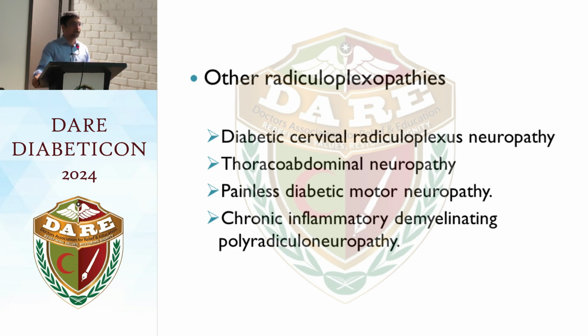Apart from that, what other radiculoplexopathies do we see? The same immunological pathophysiology, that is microvasculitis, like what we have seen in lumbosacral plexopathy, can also happen in cervical radiculoplexopathies and thoraco-abdominal neuropathy. Why thoraco-abdominal neuropathy is important here is that many times the patient will come with abdominal pain.